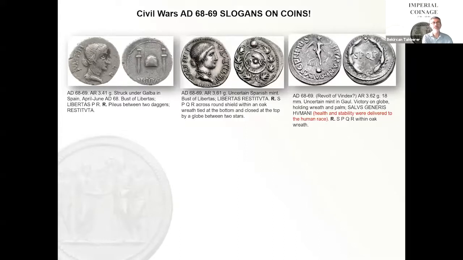And of course, we all know the image on the reverse of this coin from earlier issues. And again, it was minted somewhere in Spain, and most likely under Galba. And interestingly, it uses the same message. He is there to save the Roman Republic, not the empire.